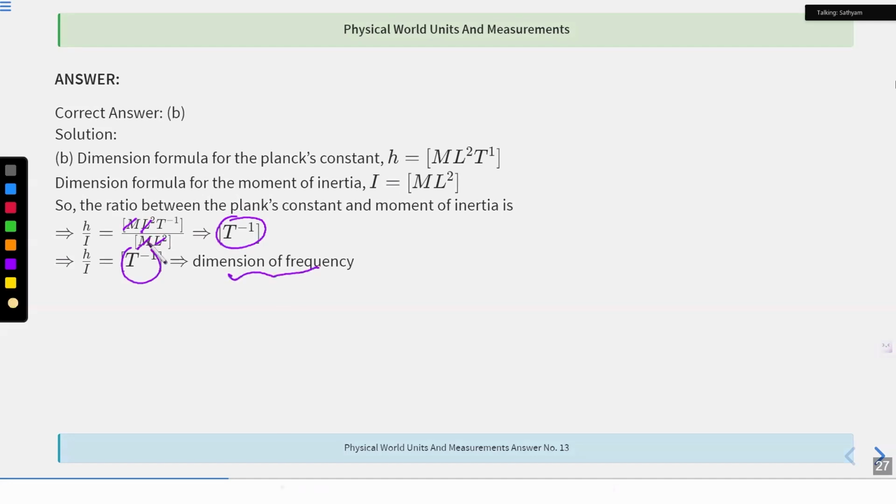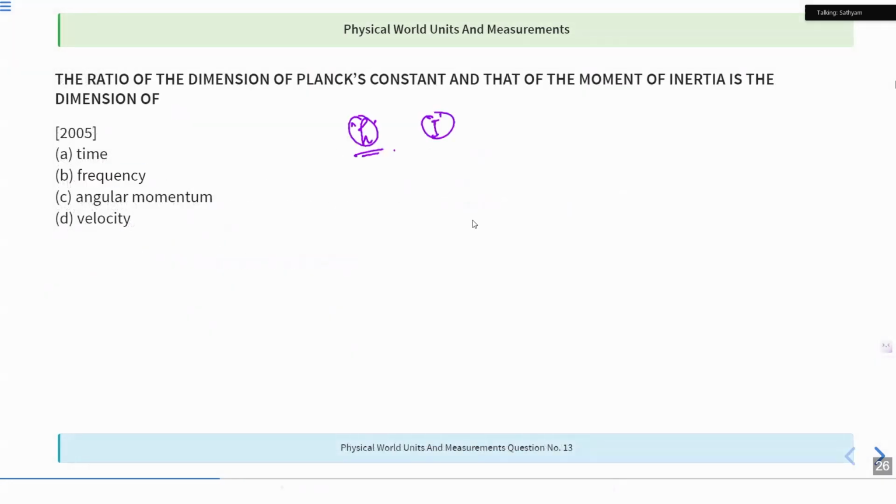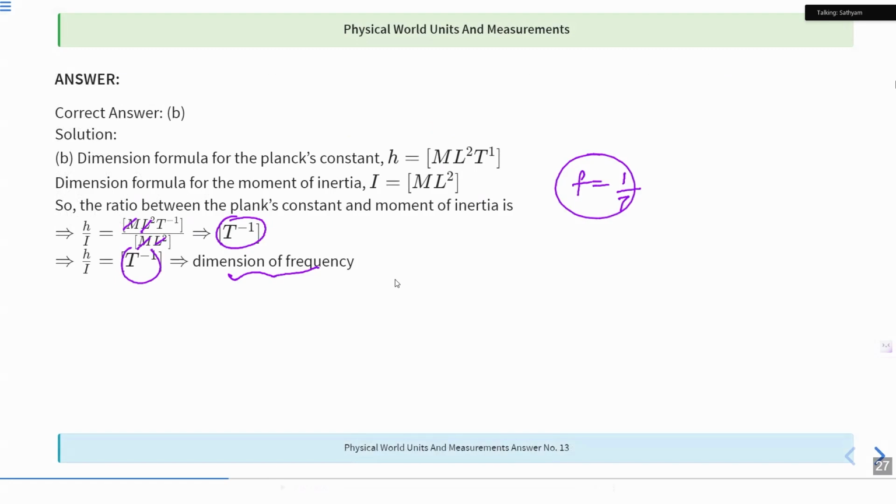This is the dimension of frequency because f is equal to 1 by T. That's correct. And in the options also you have frequency, right? So time is T, frequency is 1 upon T. So 1 upon T is T inverse, and that is what they have mentioned over here. All right. So frequency.